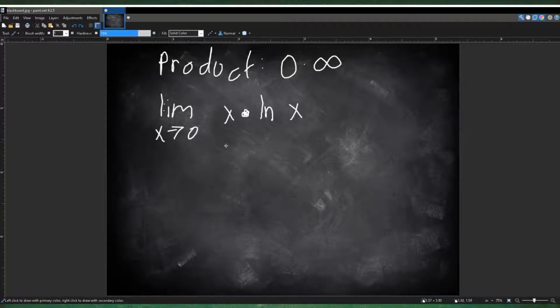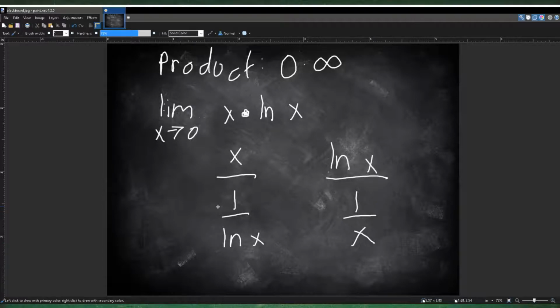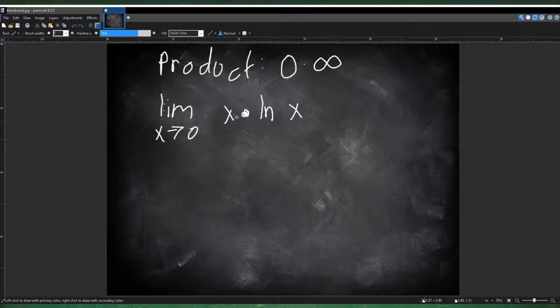So the general idea is that you could either have x divided by 1 over ln of x, right? Or you could have ln of x divided by 1 over x. It doesn't matter which form you use, but generally I like to keep the easier one on the bottom. So what I mean by that is that I like to keep polynomials on the bottom, because taking a derivative of anything like trig or logs or exponents is a little bit harder.